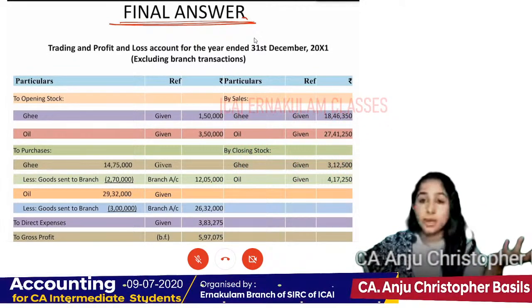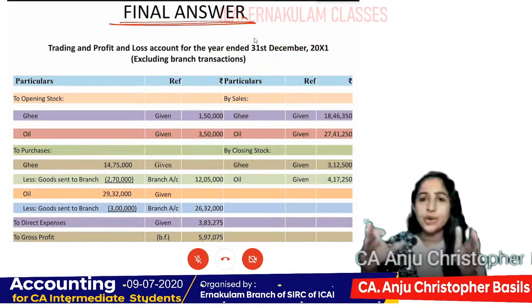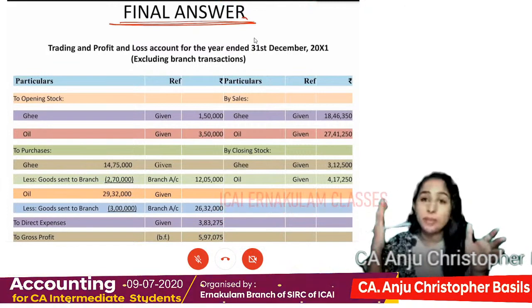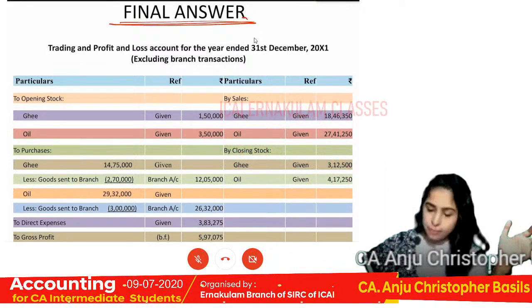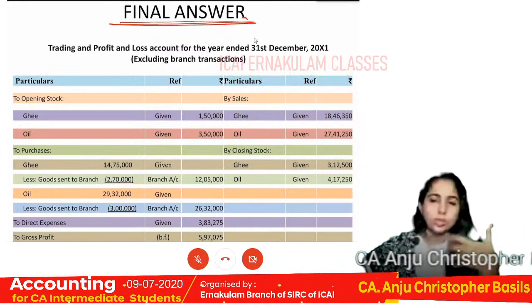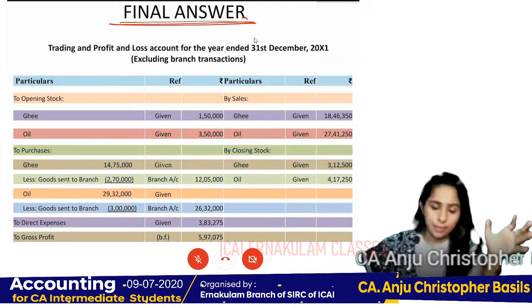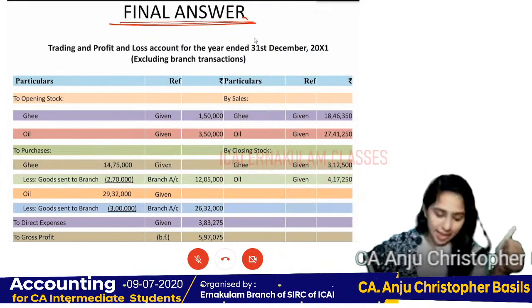I mean, it is prepaid, because we're preparing this as on 31st of December. So after 31st of December, again, we've got a period of 3 months. So for 3 months, this is prepaid. 600 into 1 by 4, if not created as a separate working note, this would be more than sufficient. You will get the closing prepaid. So these boxes are the closing figures which we already have.